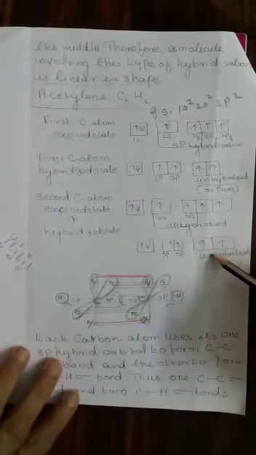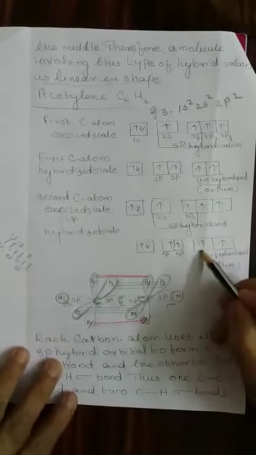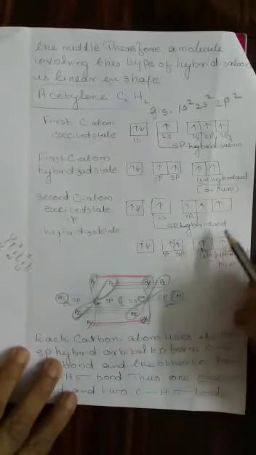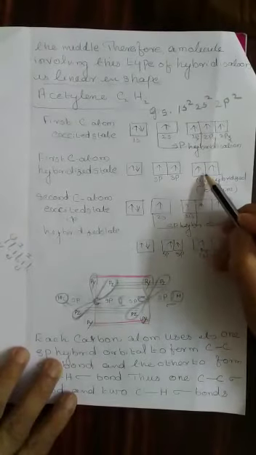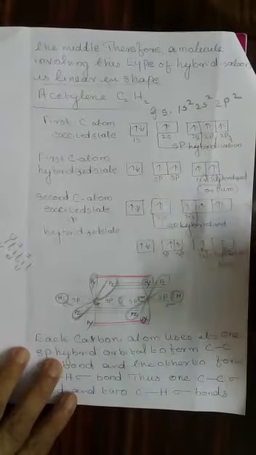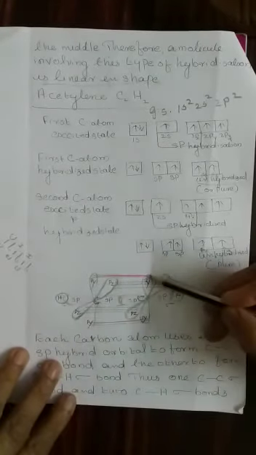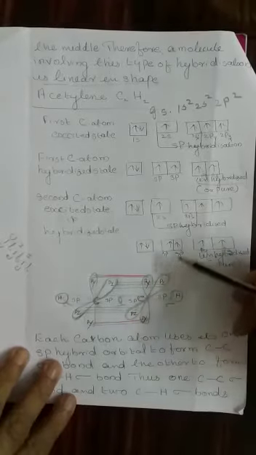Now for the most important factor. The two unhybridized orbitals, py and pz, for both carbon atoms. Here also py and pz are remaining. Consider these are py and this is pz. They will undergo sidewise overlap.